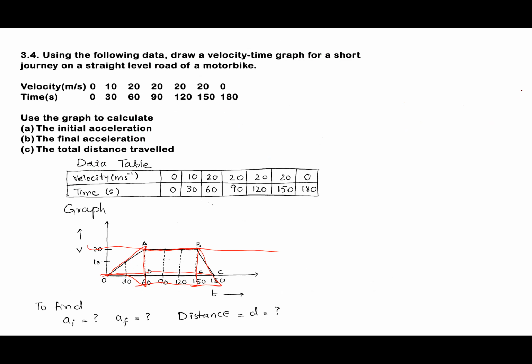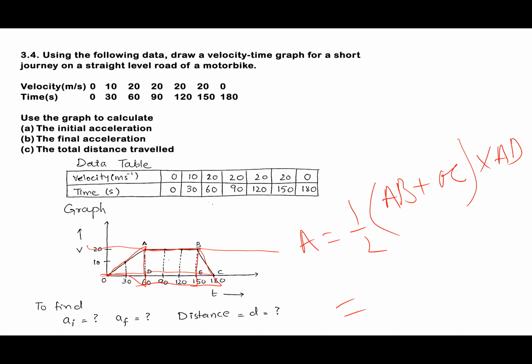I will write here 1 divided by 2, AB plus OC, multiplied by AD. You can find the area.